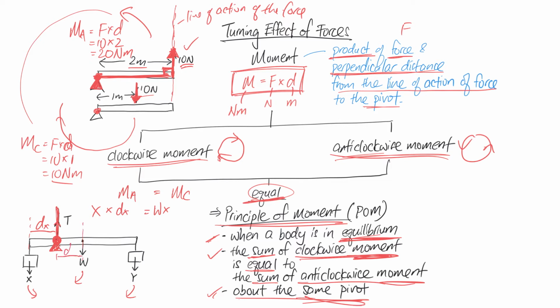So this will be the dW that I should be looking for, and plus, because that's why it's called the sum. Now this is another force Y, so it's Y times the perpendicular distance dy, the distance from the line of force all the way to the pivot. This is your dy that you should be looking for. So you can form this equation based on the principle of moment, and you can find any unknown that's given to you.